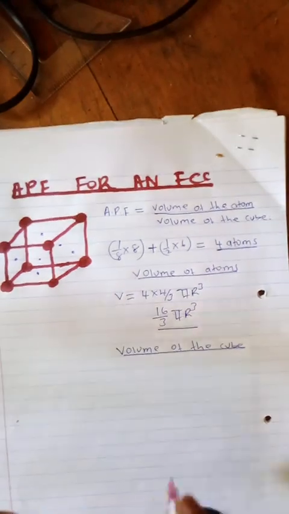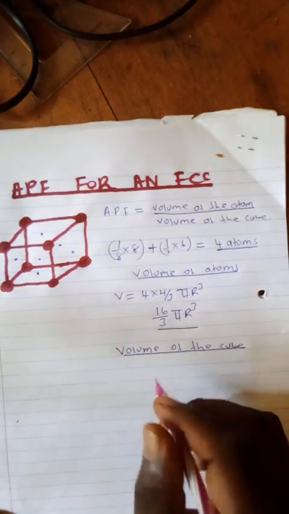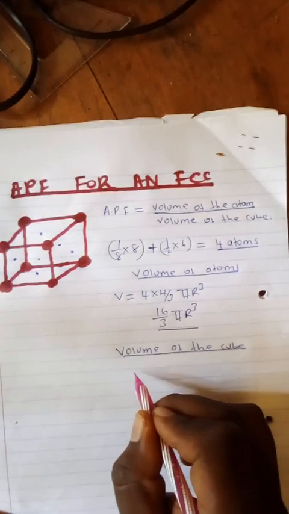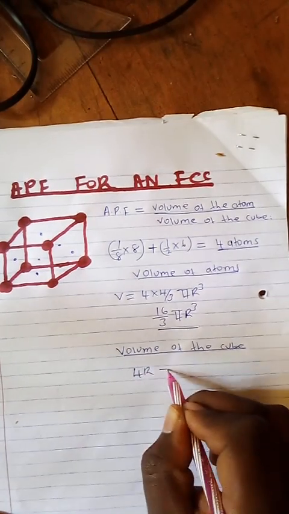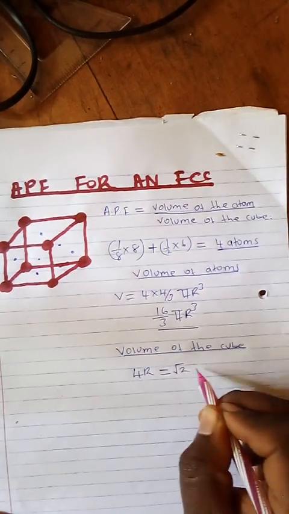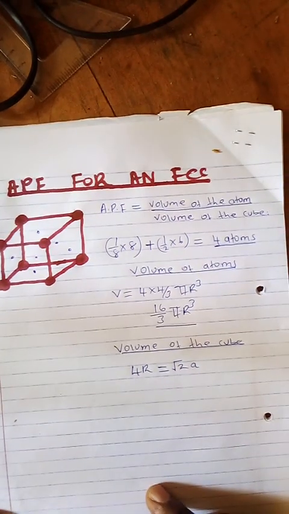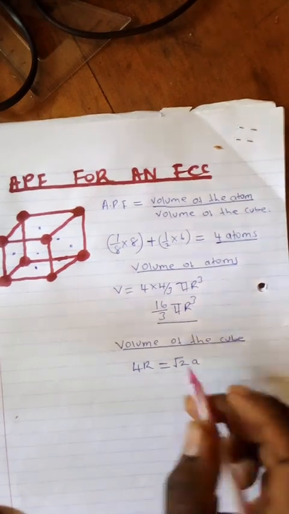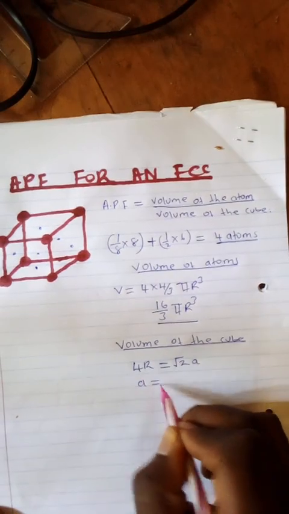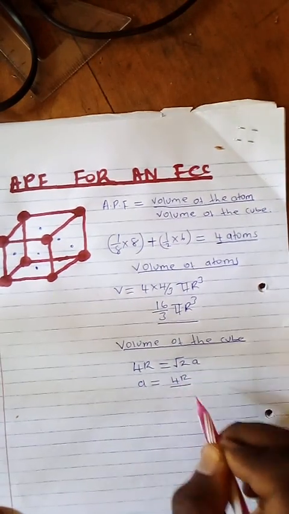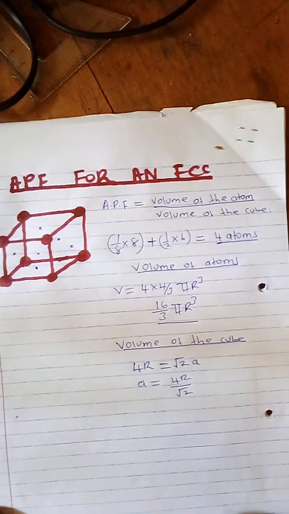We know the relationship between the radius of the atom and the lattice parameter is given as 4r equals root 2 times a. We make a, the lattice parameter, the subject of the formula, so a is 4r over root 2.